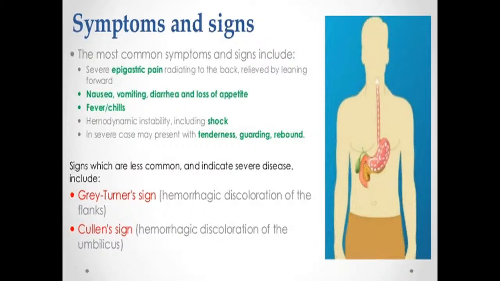The most common symptoms or signs include severe epigastric pain radiating to the back, relieved by leaning forward, nausea, vomiting, diarrhea and loss of appetite, fever, chills, and hemodynamic instability, including shock.